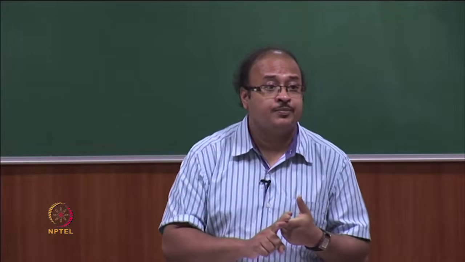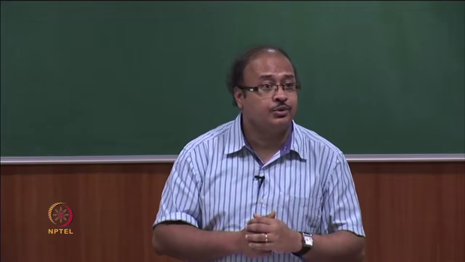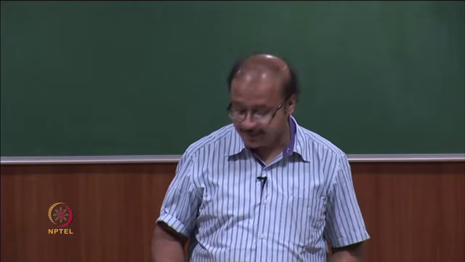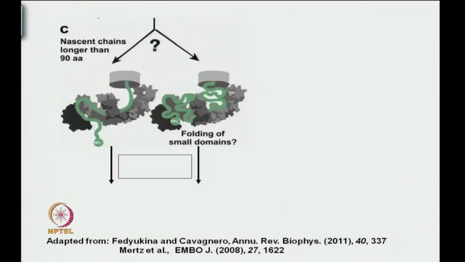Now, the protein goes on elongating, as it is supposed to. It has many amino acids. After that, you can see these nascent chains. There are two possibilities, which is why there is a question mark. It will depend upon the specific protein which path would happen.